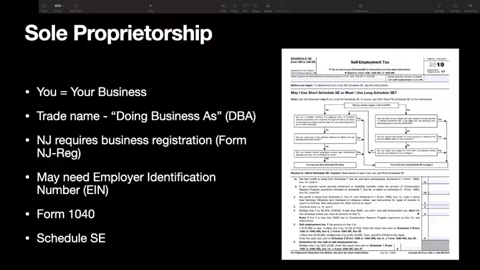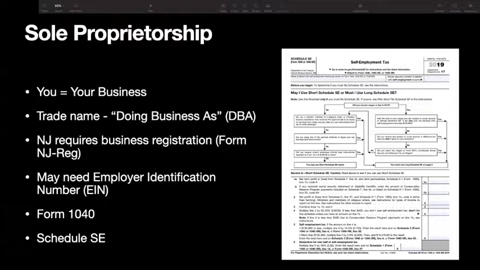However, you can use a trade name, which is your business name. That is also known as doing business as, shortened as DBA. And most states require you to register your business if you're using a trade name. However, if you're using your own name, not all states require you to register.